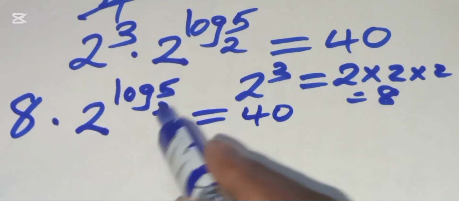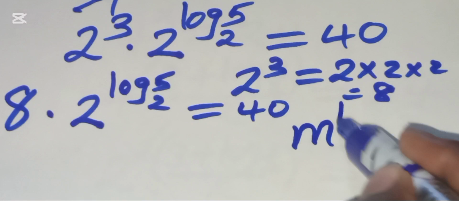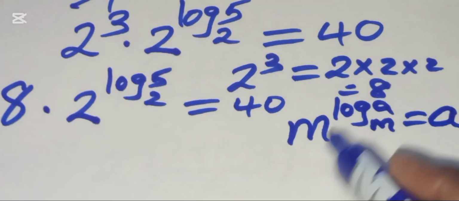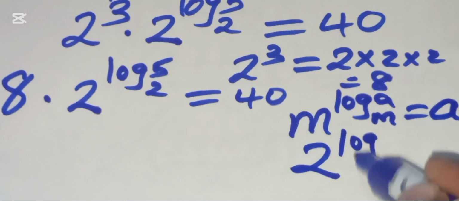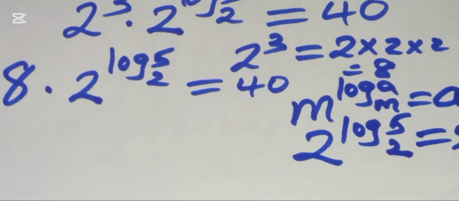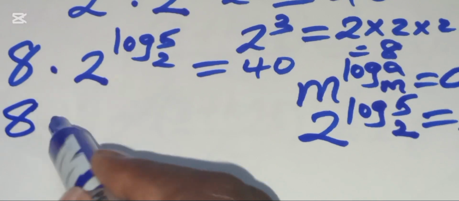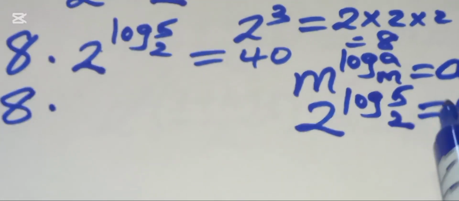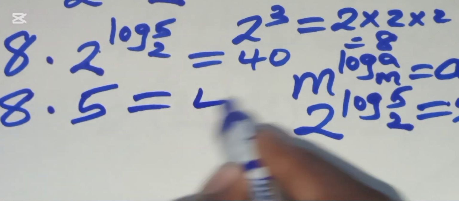Now, 2 to power log 5 to base 2 is in the form of m to power log a to base m, which is basically equal to a. And therefore, 2 to power log 5 to base 2 is equal to 5. So let's substitute this 5. Now we'll have 8 multiplied by, instead of 2 to power log 5 to base 2, we substitute 5. This should give us 40.